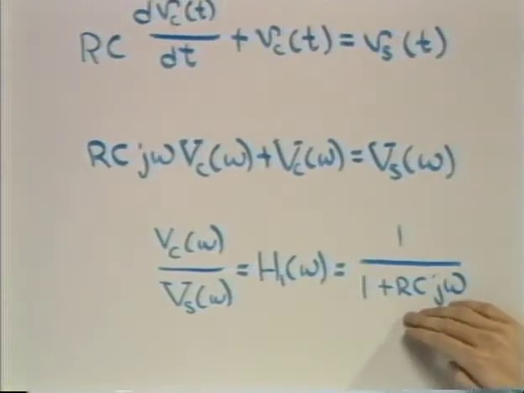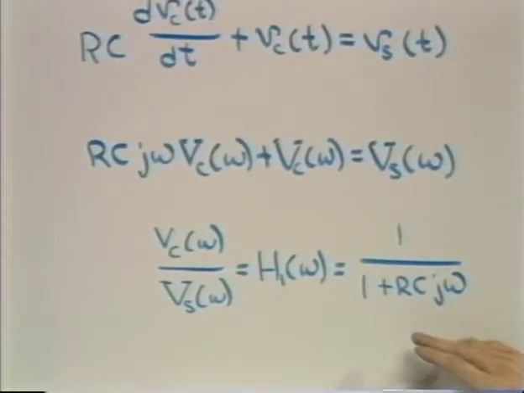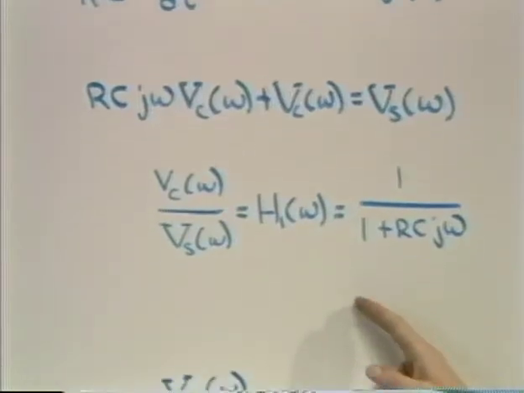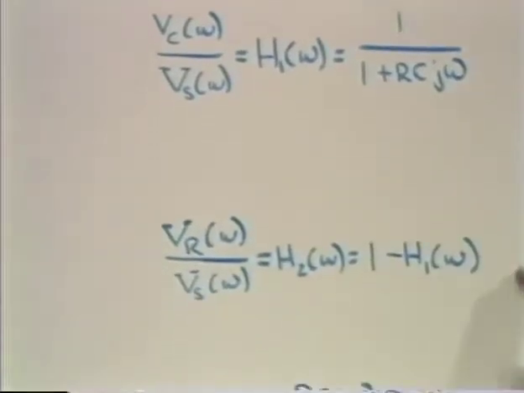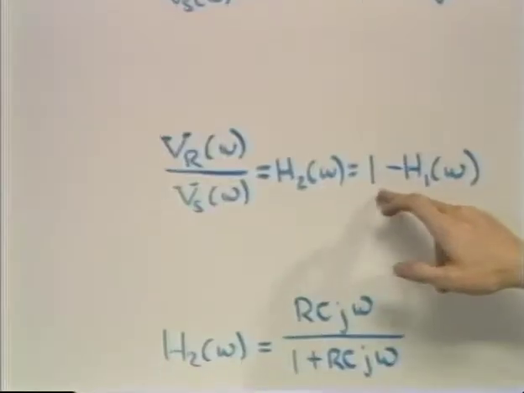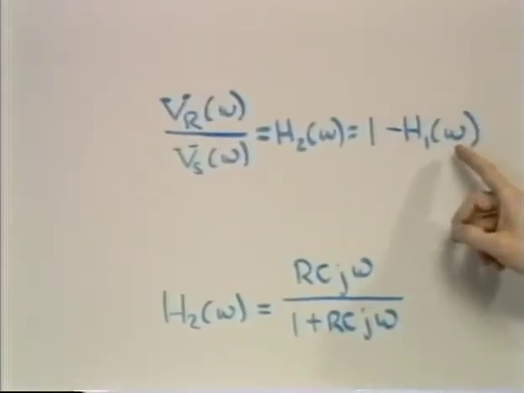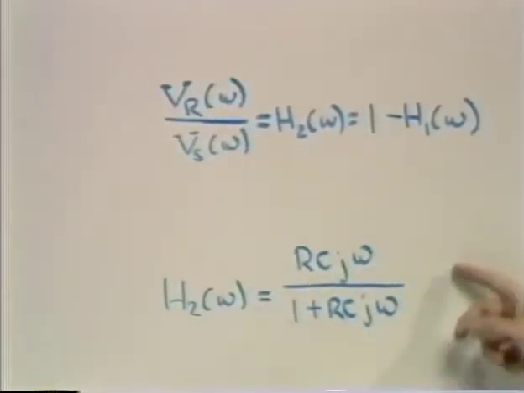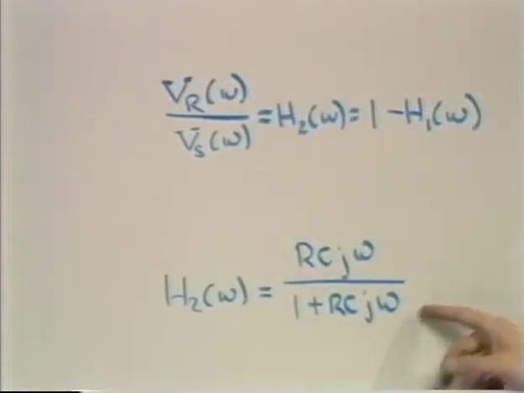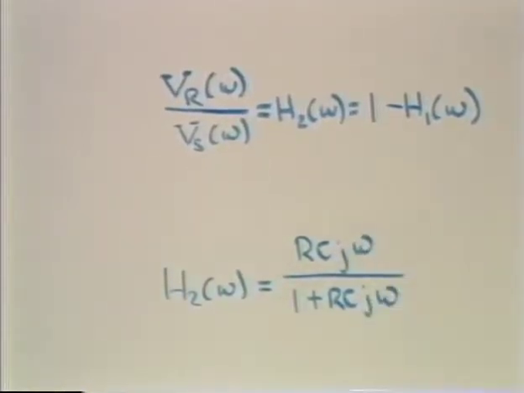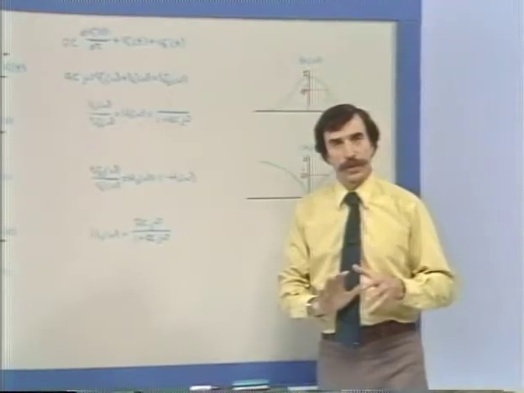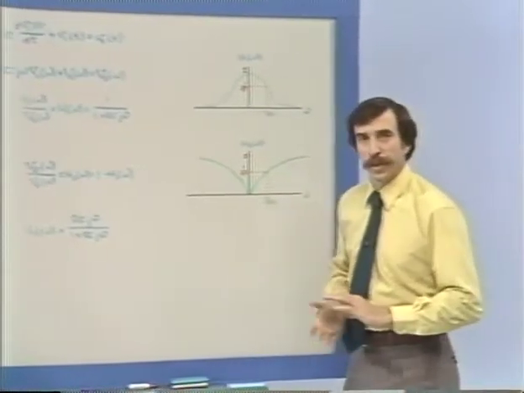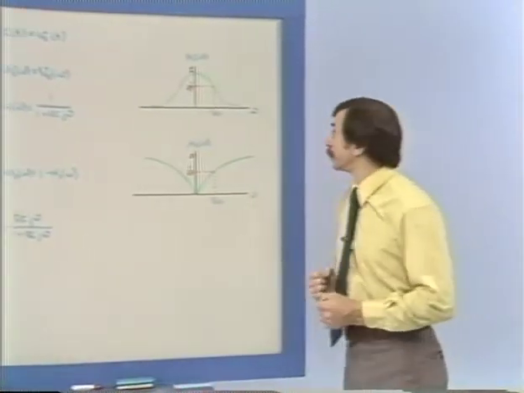Or if we solve instead for the system function associated with the resistor output, we can simply subtract H1 from unity, and the system function that we get in that case is the one that I show here. So we have now two system functions, one for the capacitor output, the other for the resistor output.